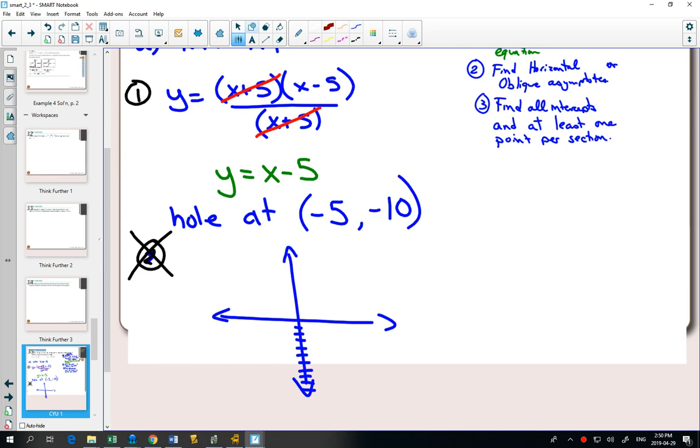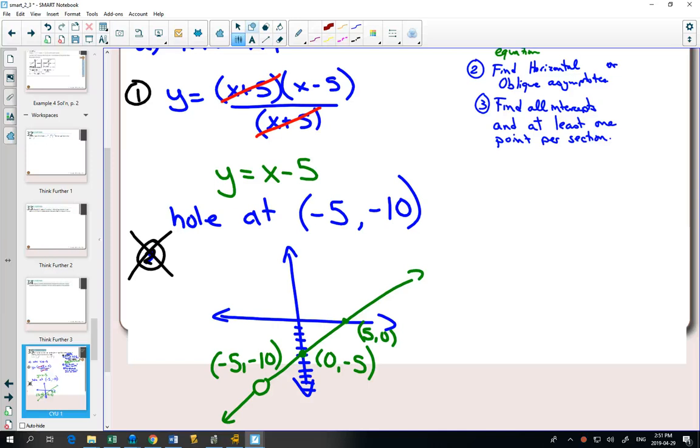It's a line with a y-intercept at negative 5, a slope of 1, so my x-intercept, and we have to add to this line that we have a hole in our graph, so at the point negative 5, negative 10, we draw the hole.